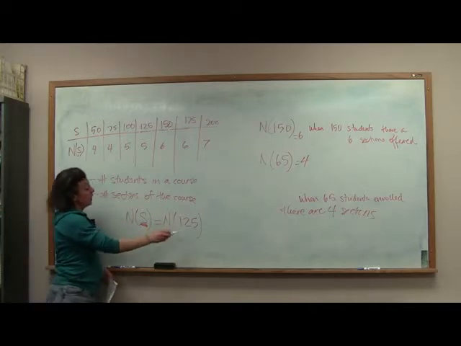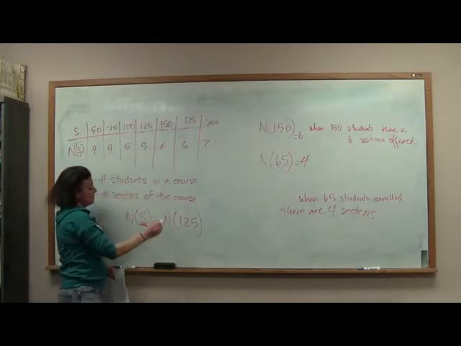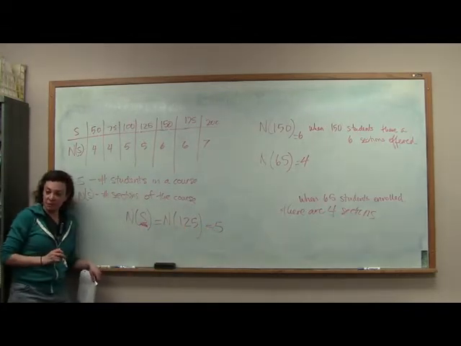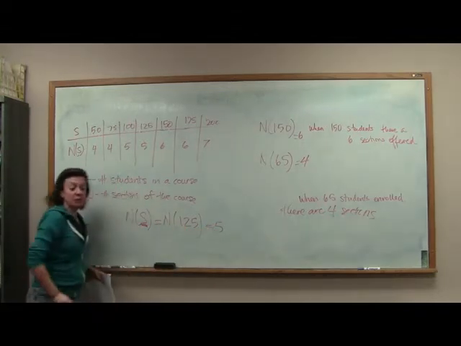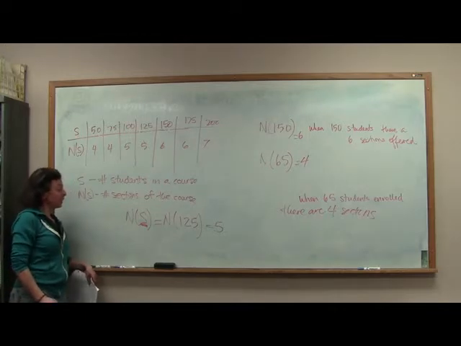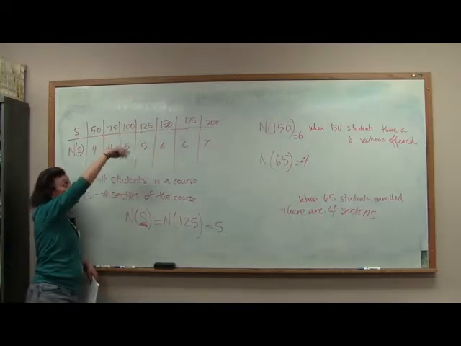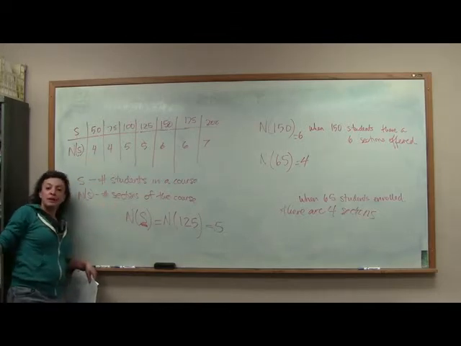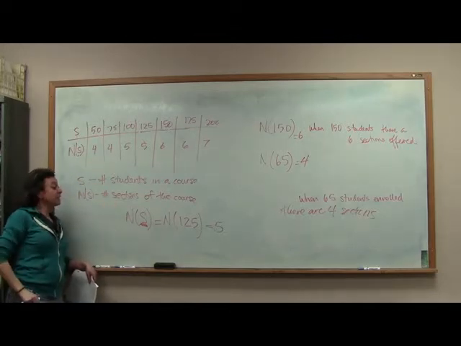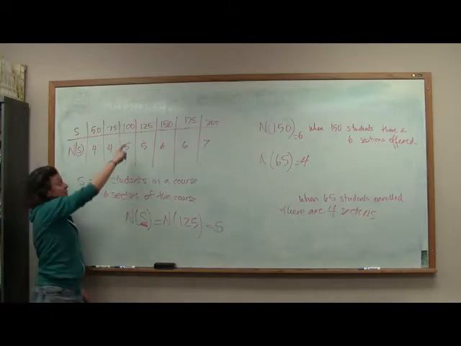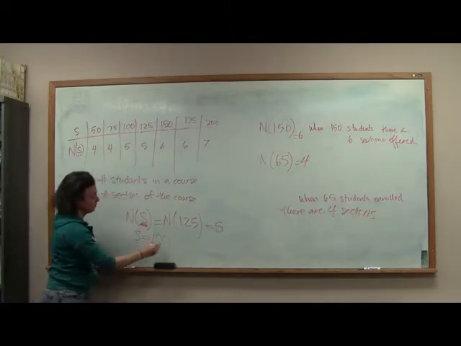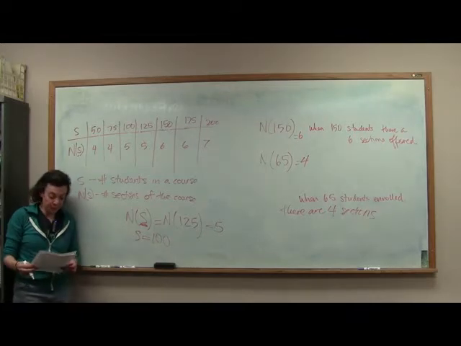First off, we can look, N of 125 is 5. When there's 125 students enrolled in the course, there's going to be 5 sections. Well, what other value in our table will also cause them to only offer 5 sections? Well, 100. So we could say S is 100. Okay?